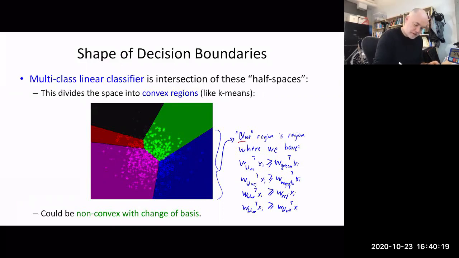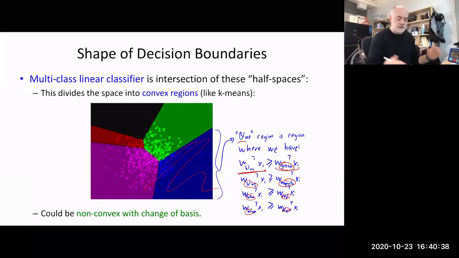And this blue region is a region where we have W transpose Xi is greater than W transpose Xi for the green class. Blue is greater than the magenta class, blue is greater than the red class, blue is greater than the black class, and so on and so forth, okay? And everything in here would be classified as blue because the output from that model is greater than all of the other models in that region of space, okay?